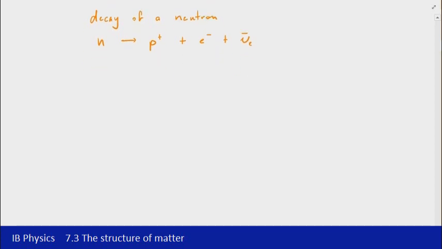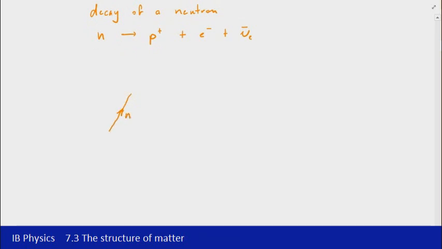So in this interaction, we're going to see that the neutron is basically the only particle going into the interaction, and as a result we get a proton being produced. Now you can see here that if we've got the neutron going in with a charge of 0 and the proton coming out with a charge of +1, it must mean that we have an exchange particle here that is negative, so that we balance the charge at this particular vertex.